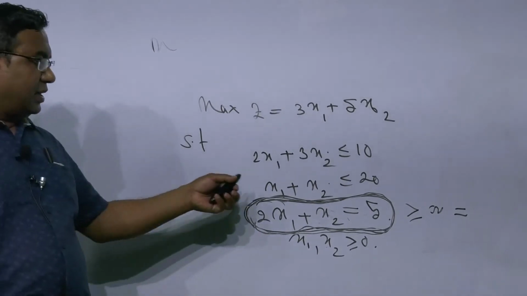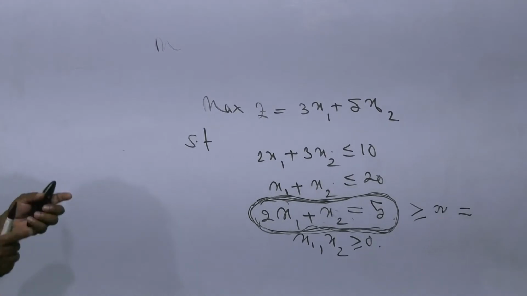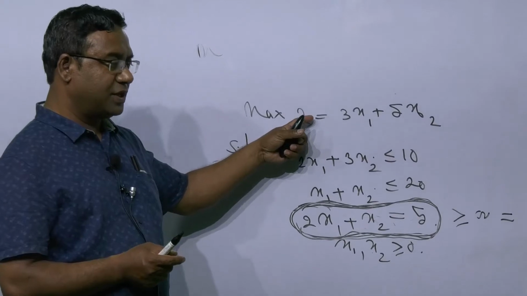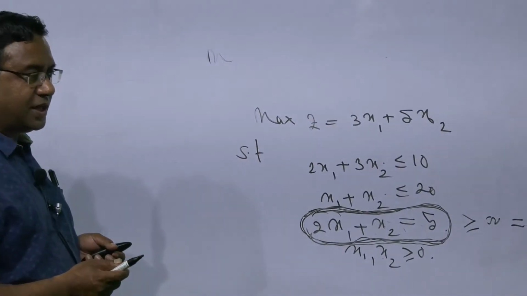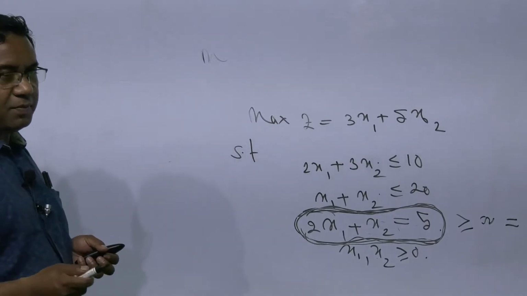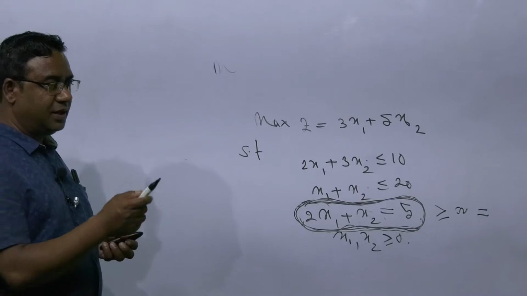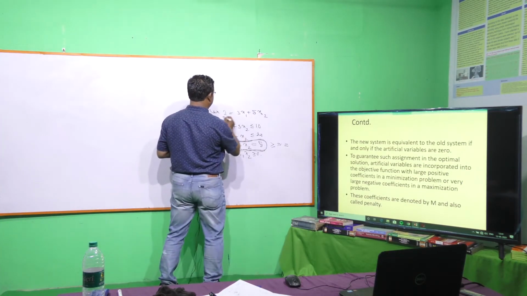To guarantee such an assignment in the optimal solution, artificial variables are incorporated into the objective function with large positive coefficients in a minimization problem, or very large negative coefficients in a maximization problem. So this is the objective function.